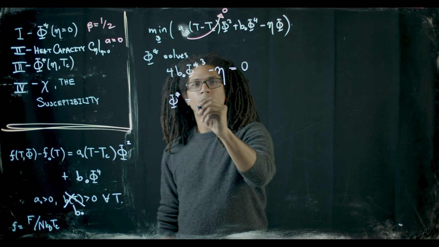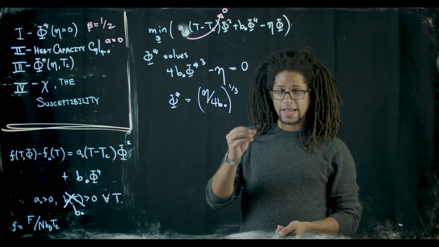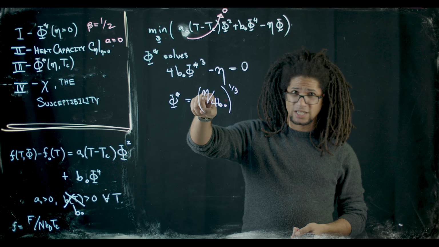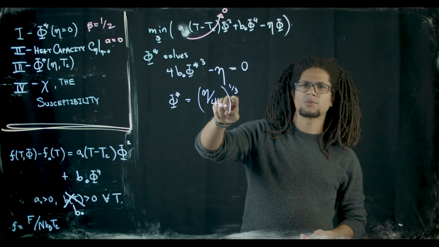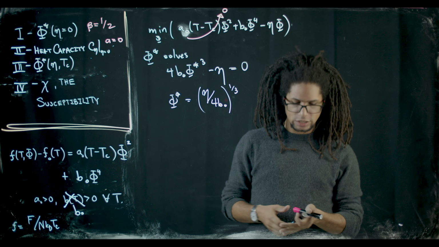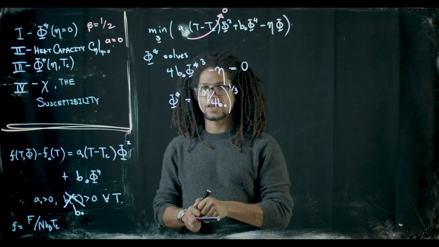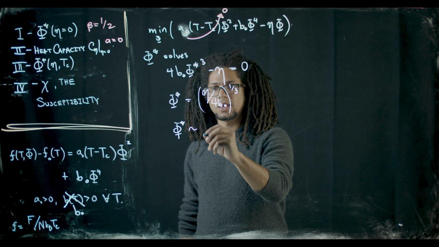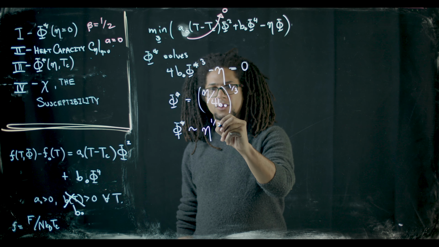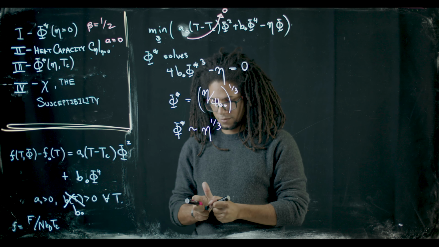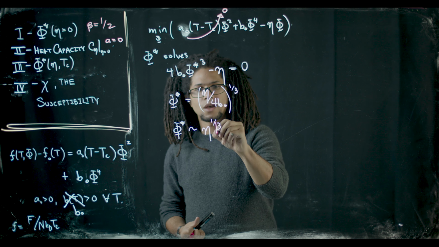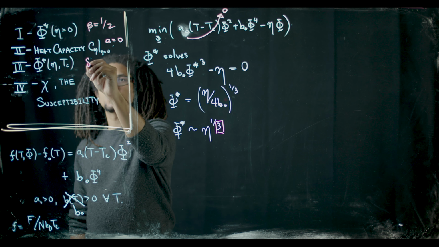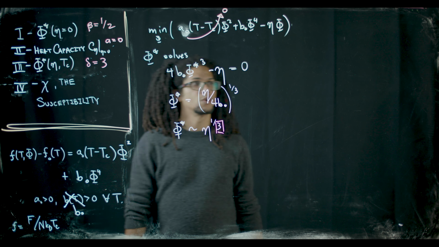Now, interestingly, by convention, the exponent that we're looking for here that tells us how phi star is related to eta is actually the 3 in the denominator here. Again, that's just a convention. So we say that phi star goes like eta to the 1/3. This one is usually called delta. So we have delta is equal to 3.